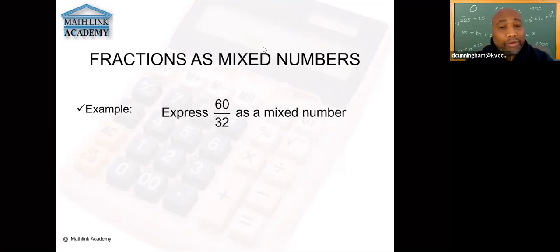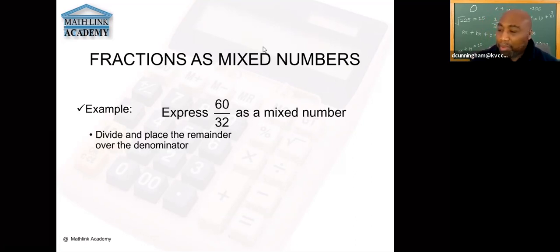Now, if you notice, improper fractions can be expressed as a mixed number. Not proper fractions, only improper fractions. So there's times you may want to convert your improper fraction to a mixed number or a mixed number to an improper fraction.